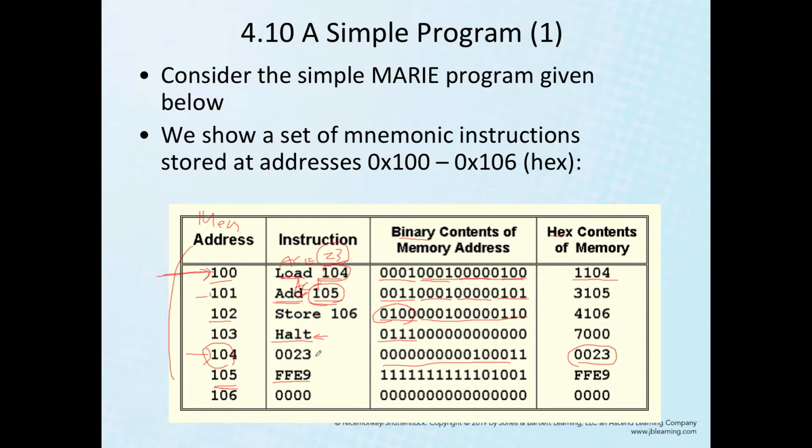So 23 and FFE9 are added together. That is stored back into the accumulator, and then store 106 means whatever is in the accumulator, store it at address 106. So at address 106, the result of that addition will be stored.